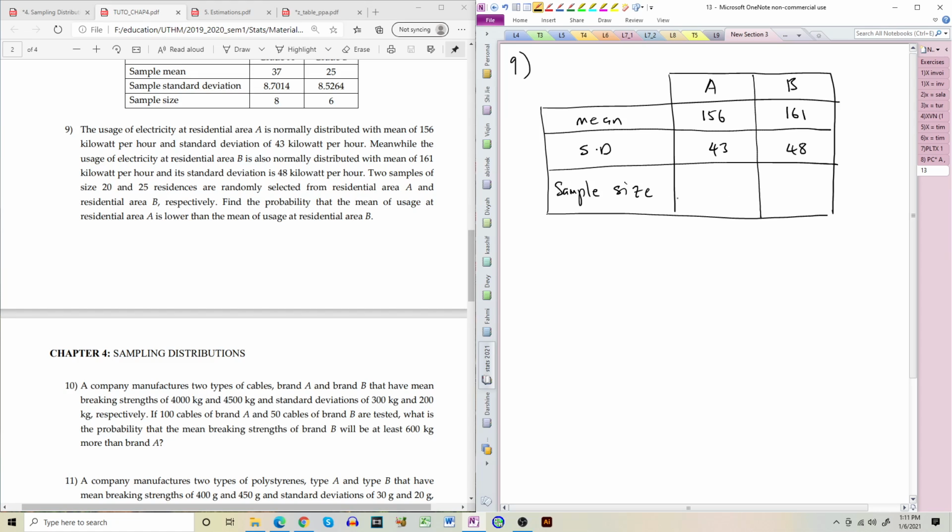Two samples of 20 and 25 are randomly selected. Find it is normally distributed. Okay, and find the probability that the mean of usage A is lower than the mean of usage B.